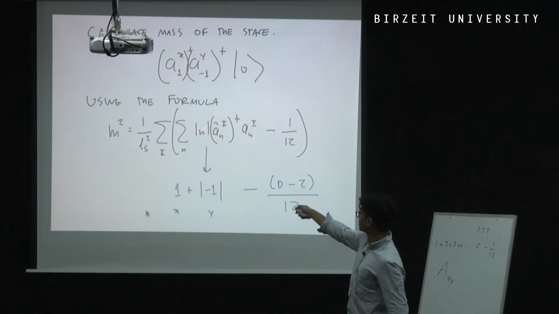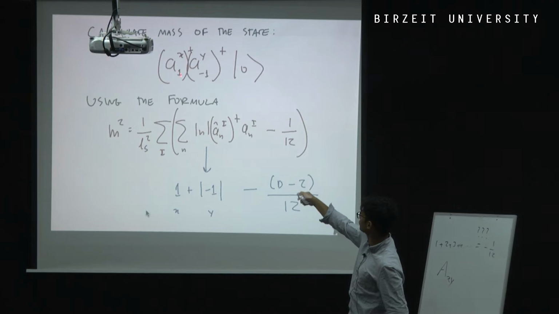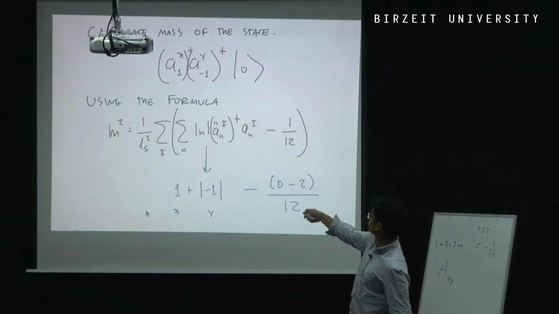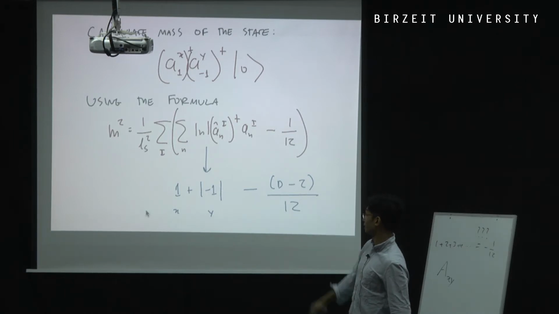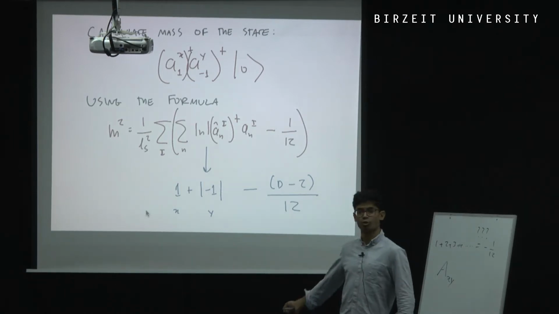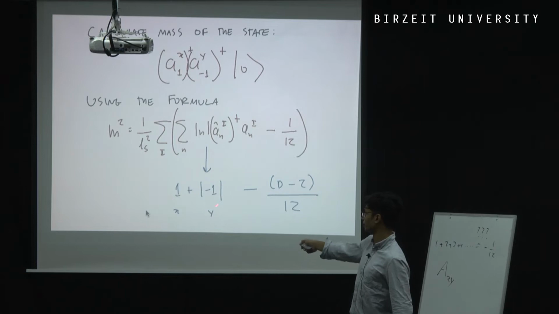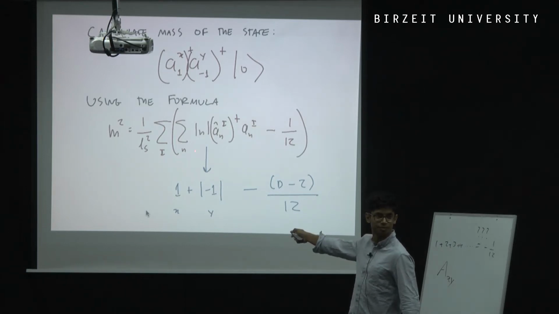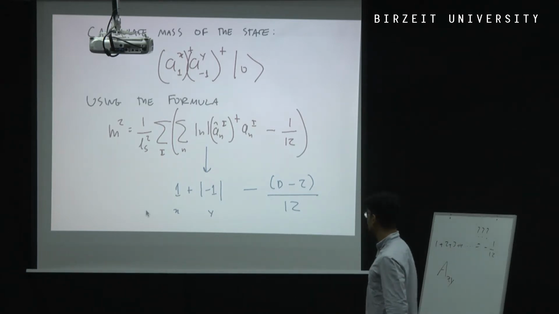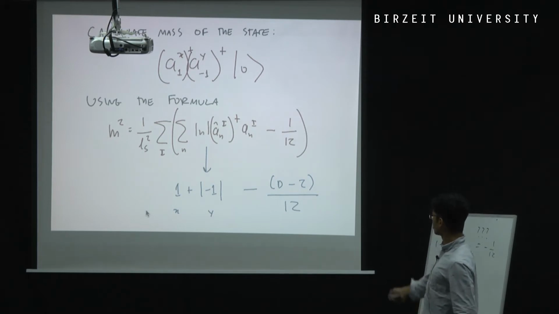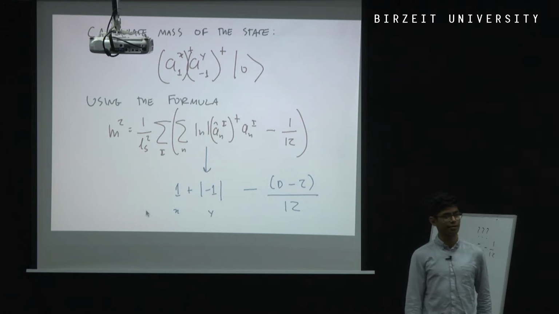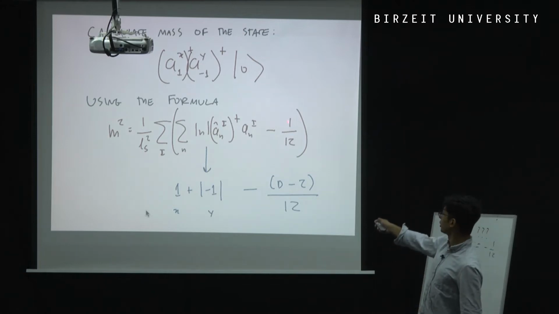Each of those are 1, so we get a factor of 1 from the x and a factor of absolute value of minus 1 from the y, which is also 1. So we get plus 2 from this bit. Are we done? Well, not quite, right? We have this minus 1/12 that I asked you to take on faith. This minus 1/12 contributes.